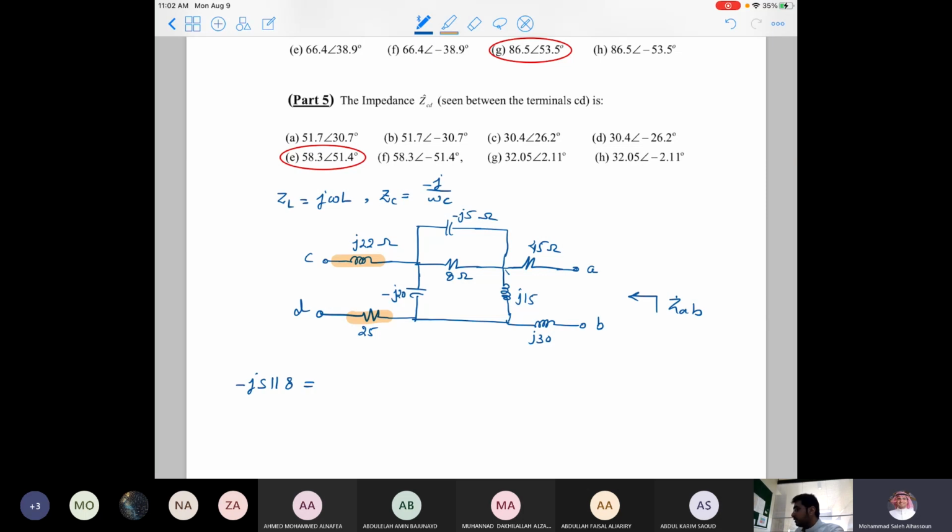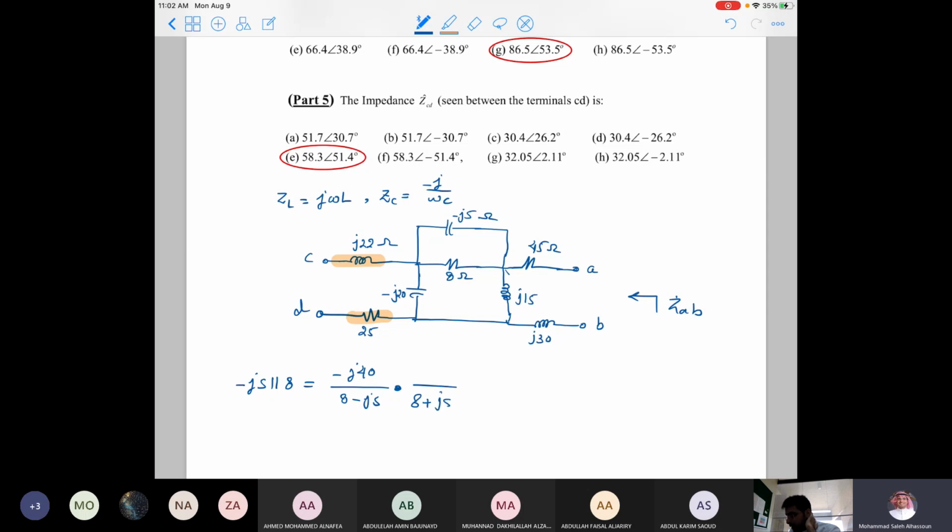So I'm going to get minus J40 divided by 8 minus J5. I can simplify it, I will end up with.